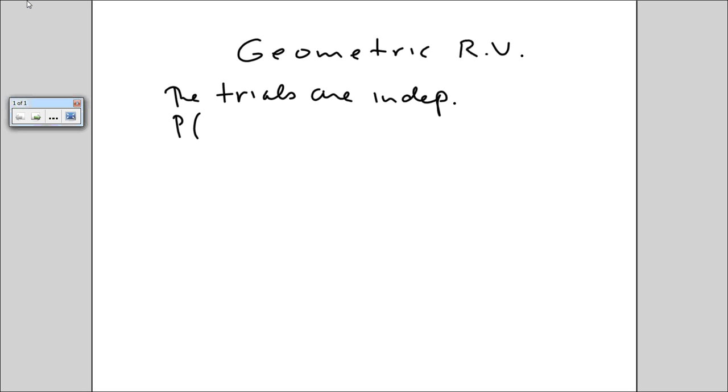Suppose the probability of success is equal to p, and p can't be extremes. That is, it must be bigger than 0, it can't be 0, and it also must be less than 1.